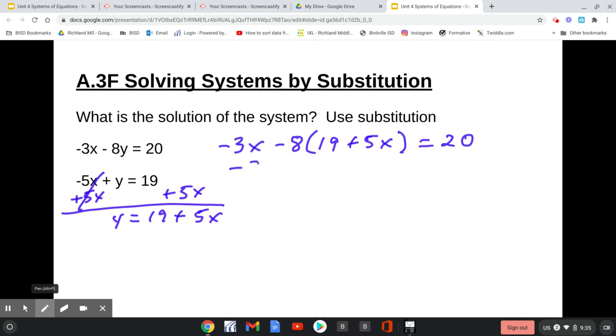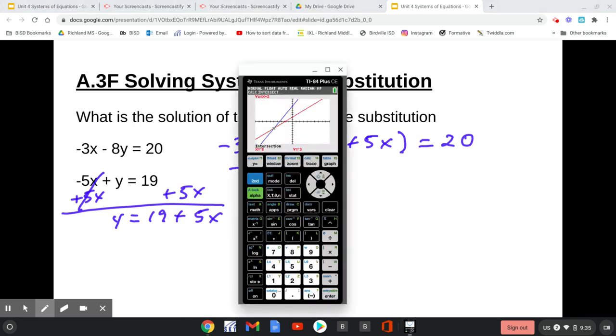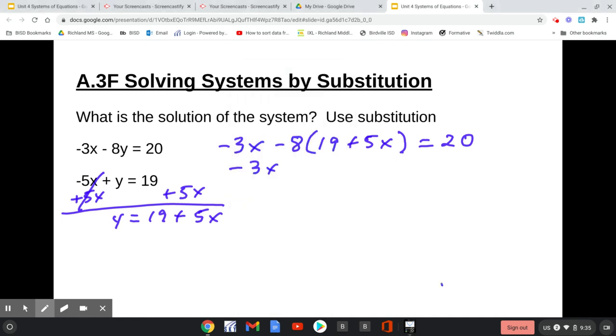So we have negative 3x, 19 times 8 is 152. So minus 152, and negative 8 times 5 would be minus 40x equals 20.